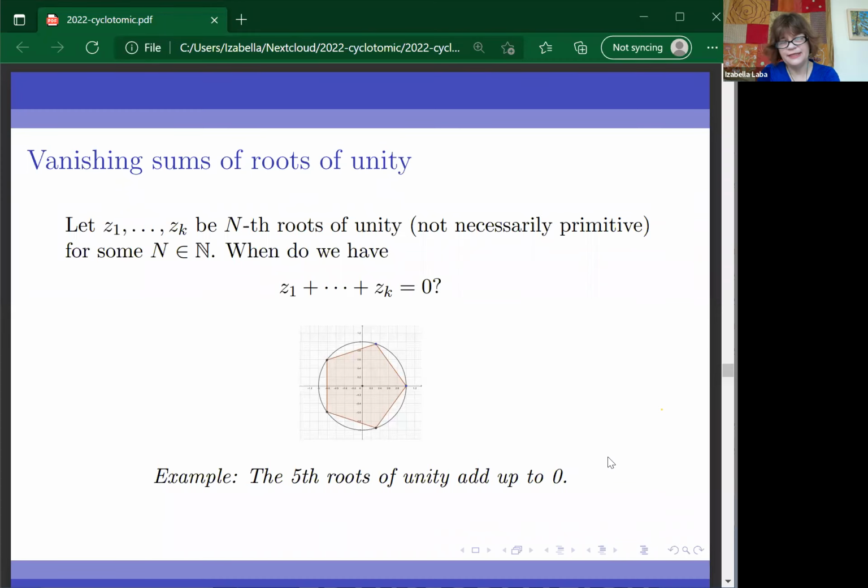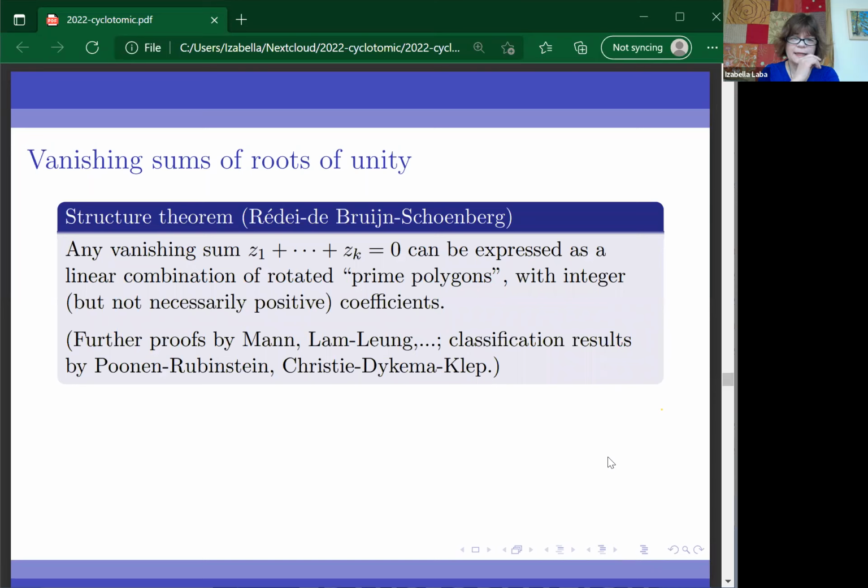For example, if you take the fifth roots of unity, like in the picture, then they add up to 0. The same is going to happen if you take all pth roots of unity for any prime p. Can we come up with other examples? It turns out that there's a theorem that's been known for a long time.